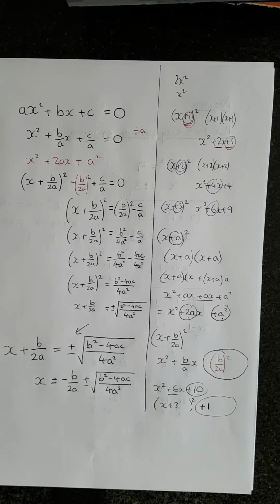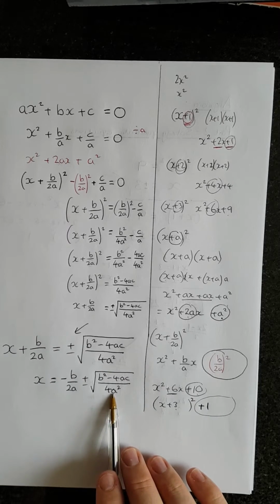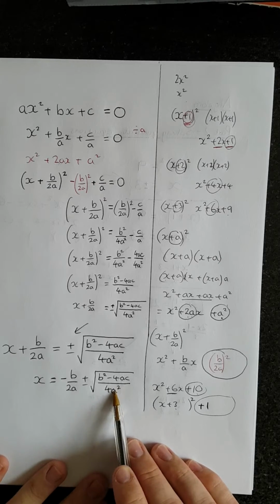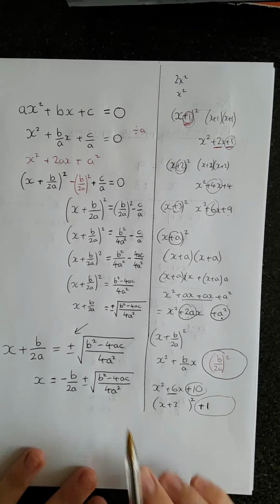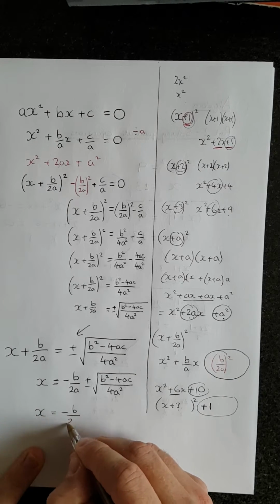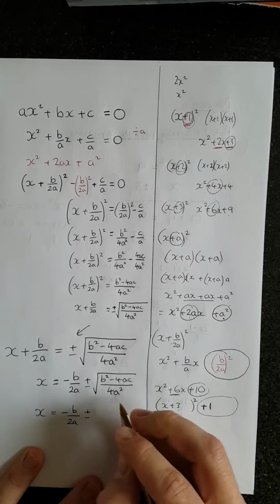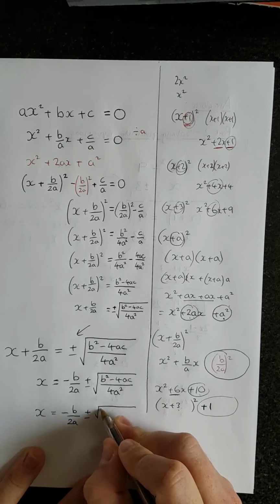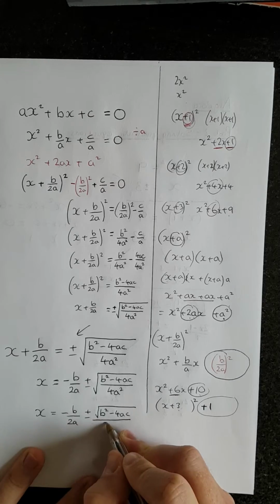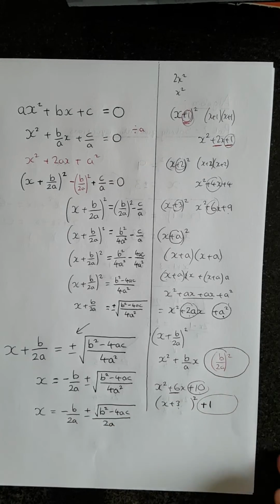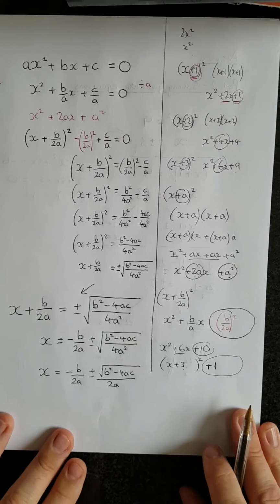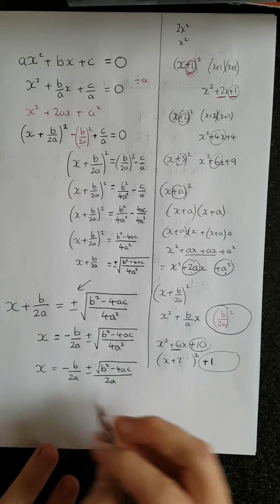Now, this bottom here is 2a times 2a. So we can actually square root the bottom. I'll leave the top as it sits, because we can't work that out. And now I'm going to go for one last step.